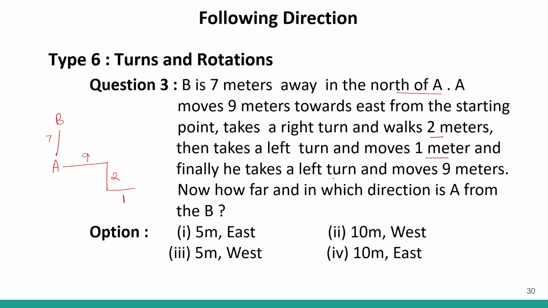And finally he takes a left turn and moves 9 meter. So he'll be here, 7 plus 2. He'll be in line with B. How far and in which direction is A from B? So from B the direction is east. And from B the distance is 9 plus 1, which is 10 meter. So our answer will be 10 meter towards east, which is option number 4.